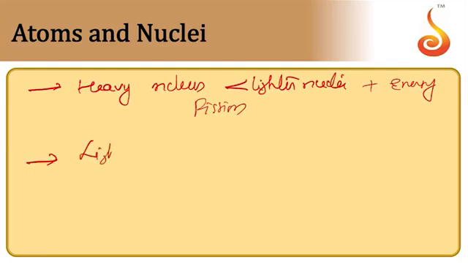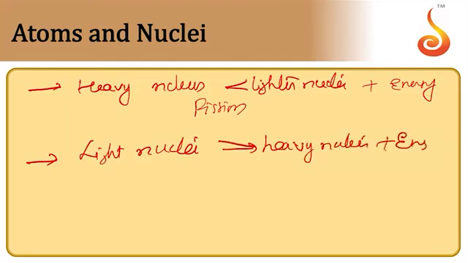Conversely, if I consider light nuclei, they may merge to give a heavy nucleus. And this also liberates energy. This process is called fusion. Fission and fusion are basically the processes in which energy is liberated.